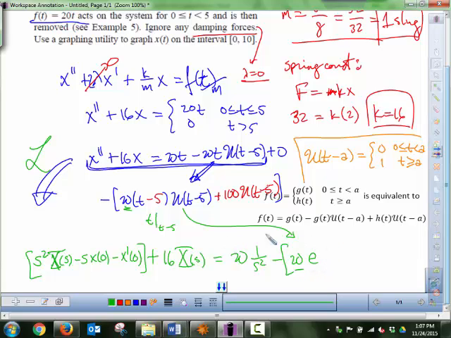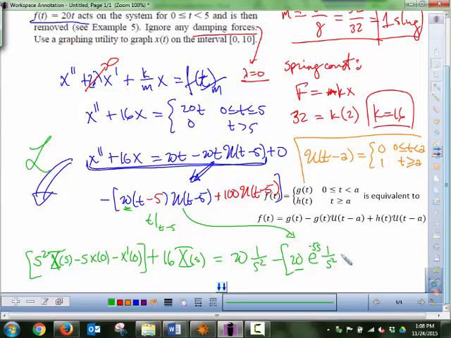So e to the, what's the shift? 5. So e to the 5s or negative 5s? The shift is the negative, right? So the shift is positive 5. So here, e to the negative 5s. So that's the first term.